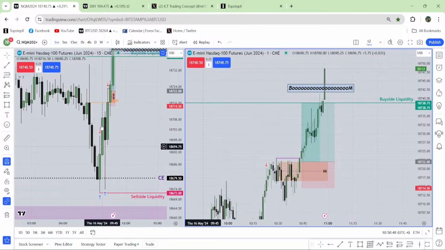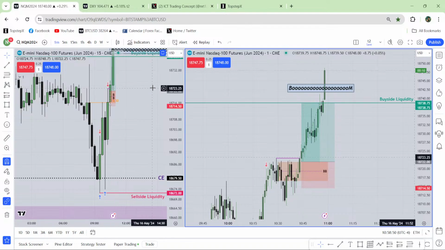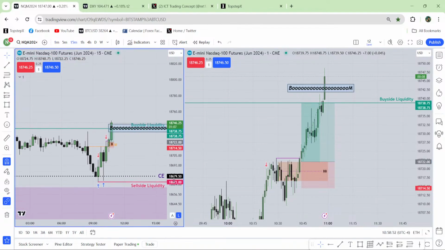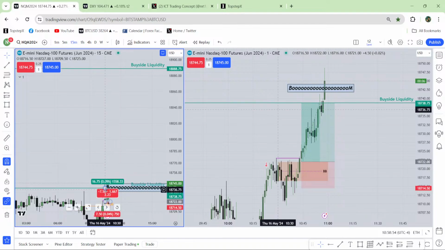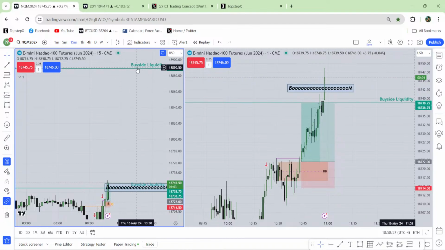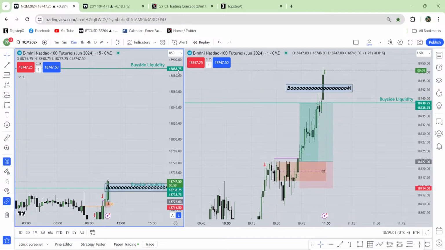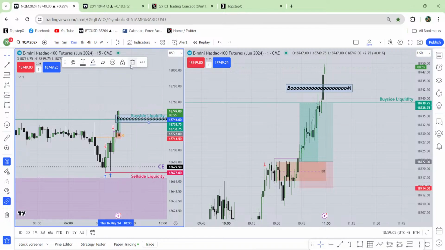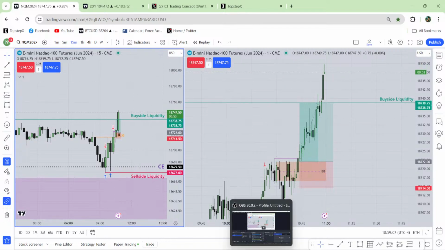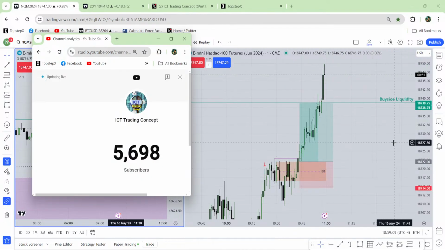How long am I bullish? Until it proves me wrong. This line, 888.75, until that line I'm bullish. So that's all. I will just wait 1 more minute, then I'll be done.